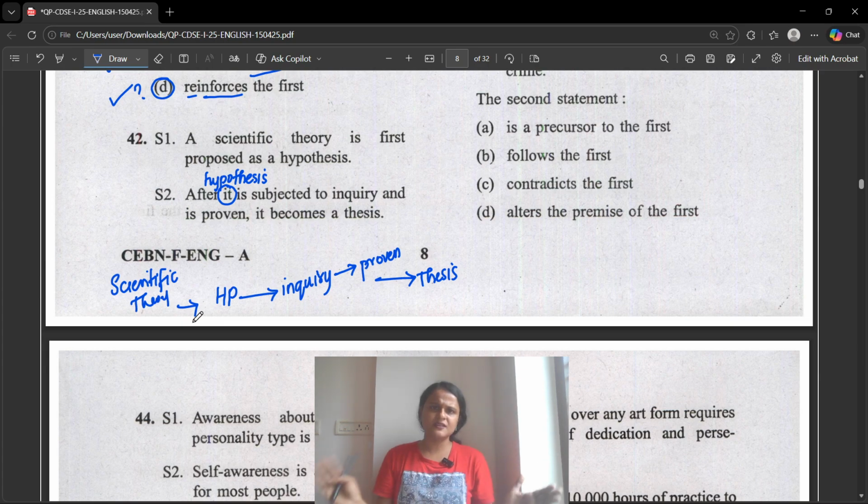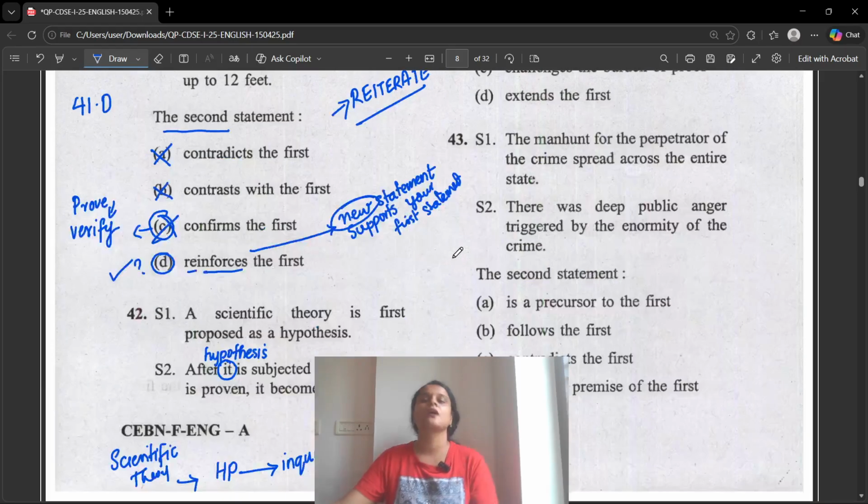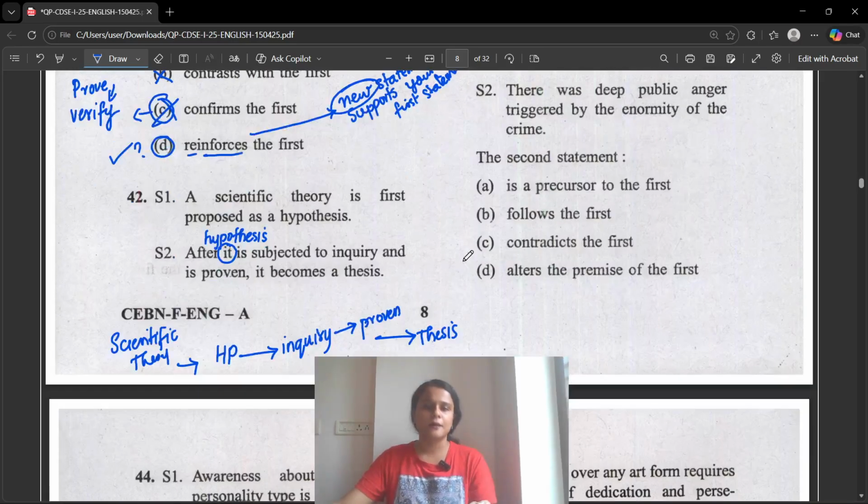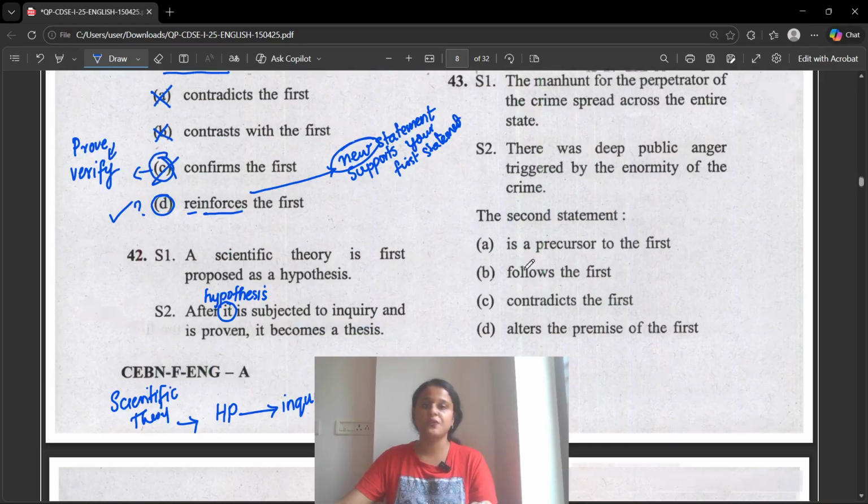So whatever the case be, whatever the relation be, I understand that both the statements talk about hypotheses, how a scientific theory begins as a hypothesis, and finally how it's proven to become thesis. So they are not contradictory ideas for sure. Okay, so let's see if I can come up with the options here.